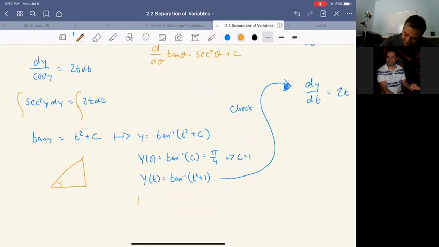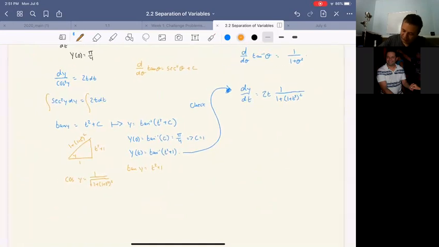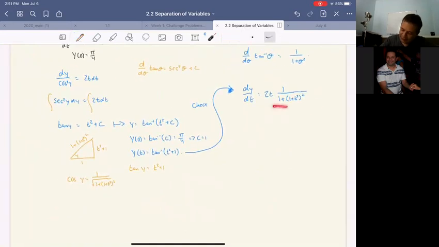Let me write this as tan of y equals t squared plus 1. t squared plus 1 is opposite over adjacent. So the hypotenuse is the square root of 1 plus t squared squared. Cosine of y is then 1 over the square root of 1 plus t squared squared. So you can see that this is the cosine squared of y.